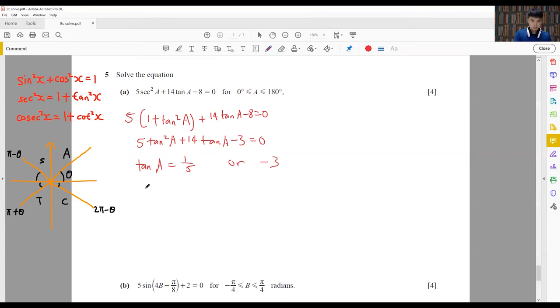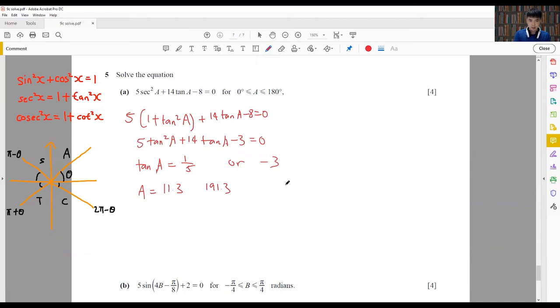In this case here, inverse tan of 1 over 5, a is either equal to, again, calculator in degree mode for this question, inverse tan of 1 over 5, you would have gotten 11.3, and the second answer will be 180 plus 11.3, you would have gotten 191.3. These are your first two answers.